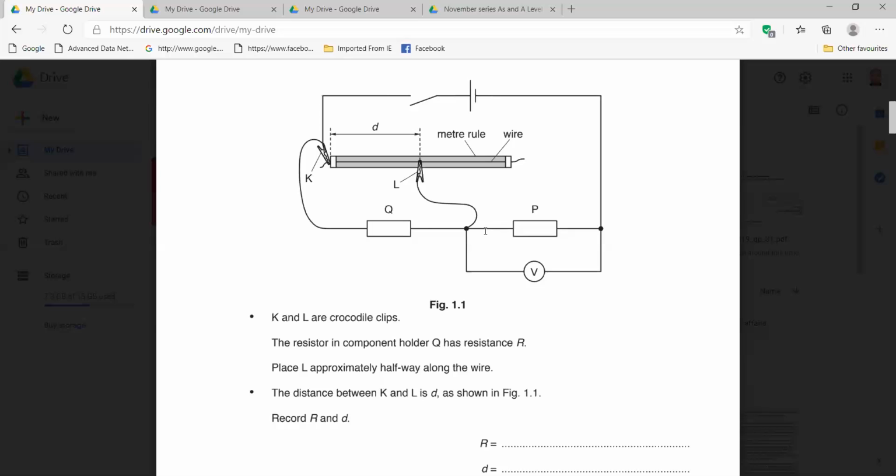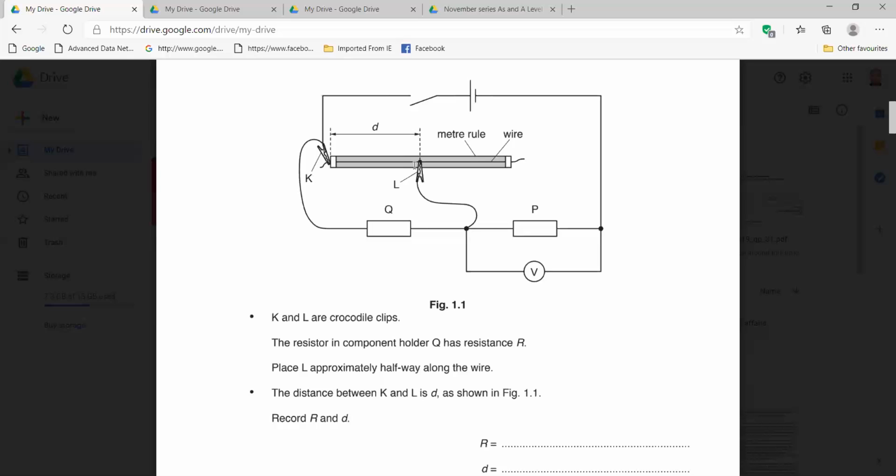That's why if you want to get the same voltage like before, you have to change the crocodile clip place, right? You have to change the place from here to here, so that you get the same ratio again.